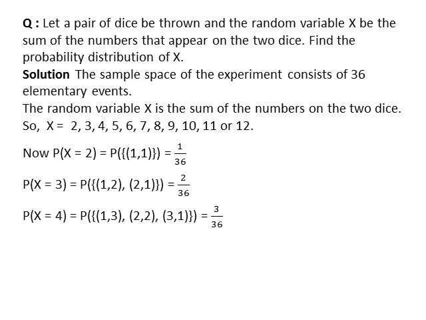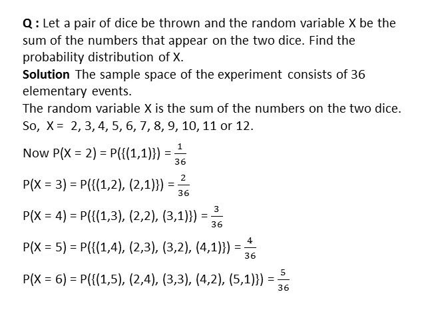Next, the probability of x = 4 is 3/36 because (1,3), (2,2) and (3,1) are three favorable outcomes for the sum equal to 4. Similarly, the probability of x = 5 is 4/36 and the probability of x = 6 is 5/36.